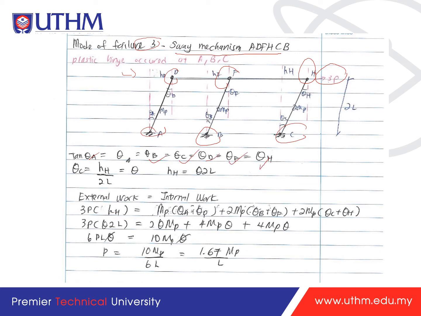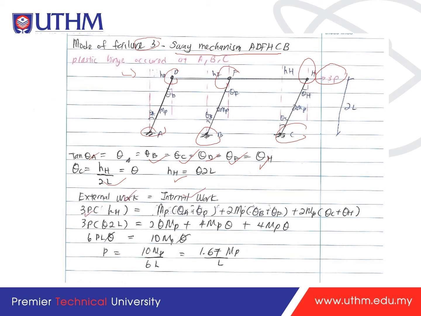Okay, and then all are the same. We assume that they have the same theta, and then theta C, we found out the value is equal to theta, so HF is equal to 2 theta L.